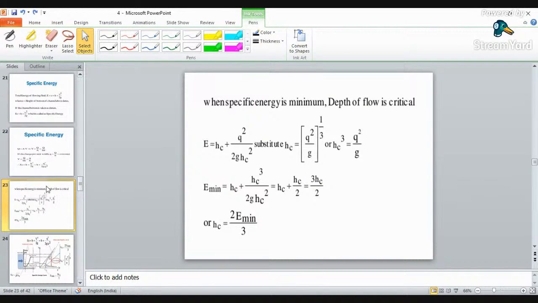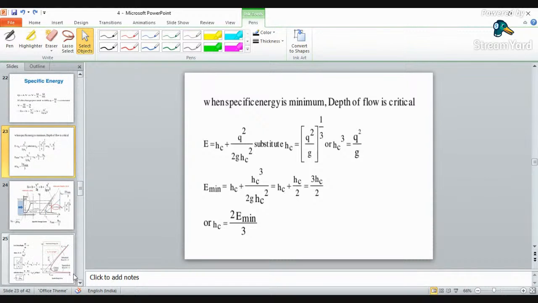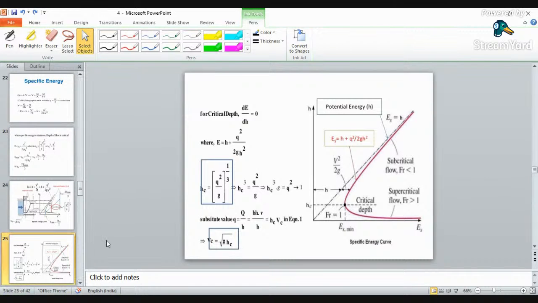Okay. So before going on to derive a few more formulas, we will just observe this graph. Now see this graph. When your specific energy is totally potential energy, you will get a straight line where Es is equal to H. You can see a line which is inclined at an angle of 45 degrees.